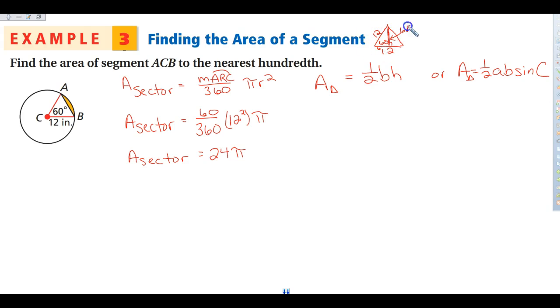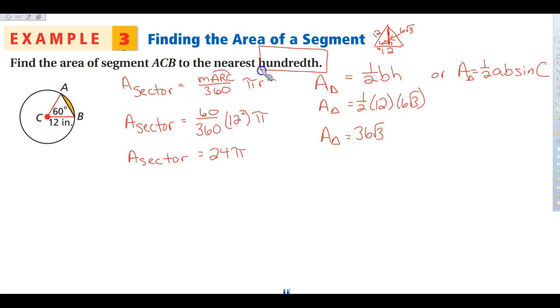So the height is going to be 6 times the square root of 3, because remember, that's the long leg, and it's short times the square root of 3. So I would have 1/2 my base of 12 times my height of 6 root 3, so the area of the triangle is 36 times the square root of 3. If I was going to simplest radical form, that is the direction I would need to go.